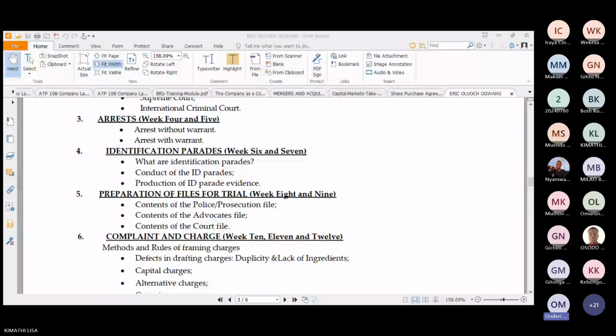The people in the identification parade should have similar characteristics. This is with regard to the height, how they look, if perhaps the suspect has an injury, maybe they can wear caps if the injury is in the head, so that it's not peculiar, it's not easily visible for the witness to distinguish the suspect from the other people.